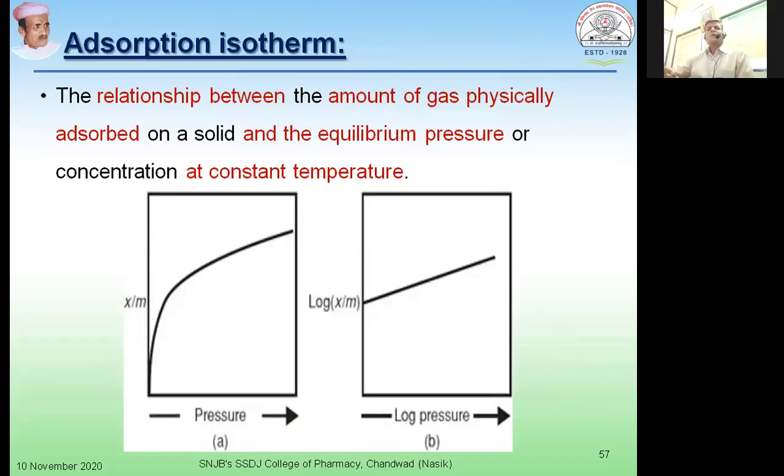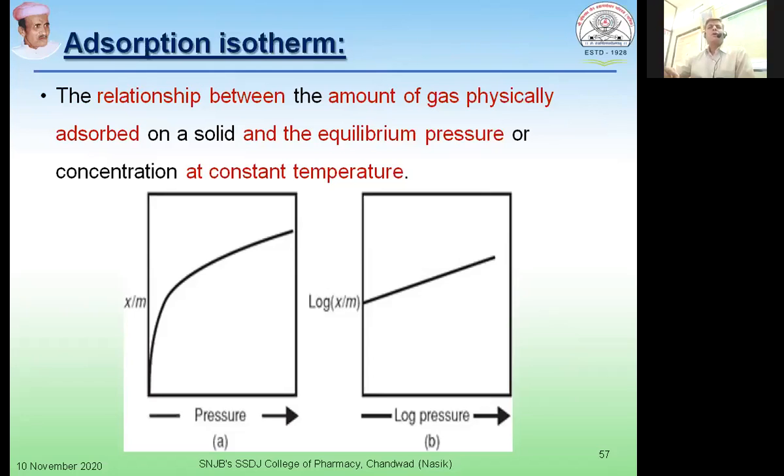We get this kind of graph when amount of gas x adsorbed per unit mass m of adsorbent is plotted against pressure, and this graph can be easily handled in logarithmic form.